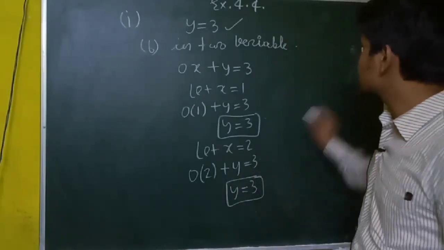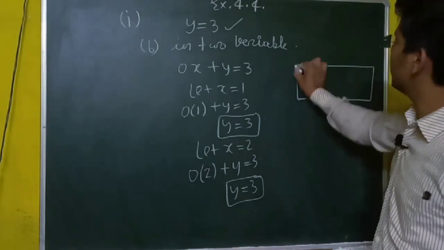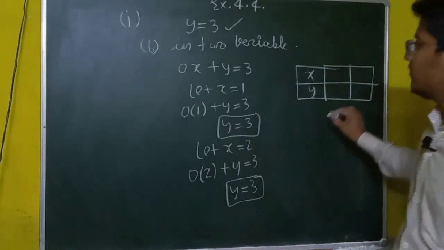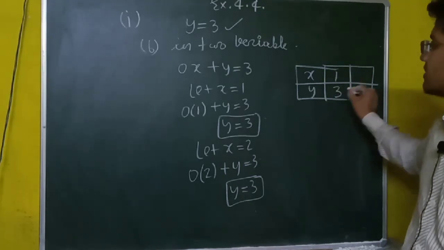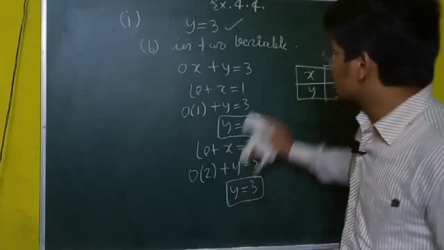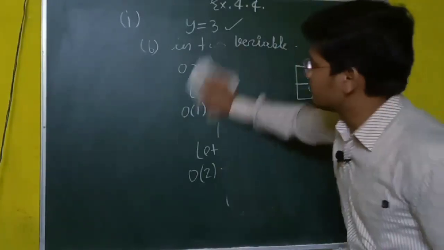Now from this situation we can draw one table, x and y. If value of x is 1, so value of y is 3. If value of x is 2, so y is again 3. Now we have to represent it in two variables.